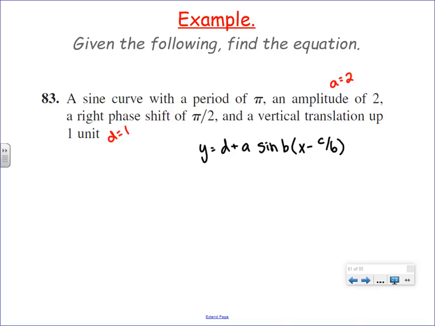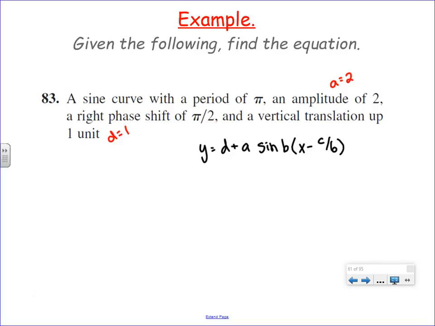From that, amplitude means go 2 from 1, which would be a 3. Or go 2 down from the middle, but it doesn't mean at 2 and at negative 2. If the middle's somewhere else, 2 up, 2 down would be somewhere else, so it would be 3, right?